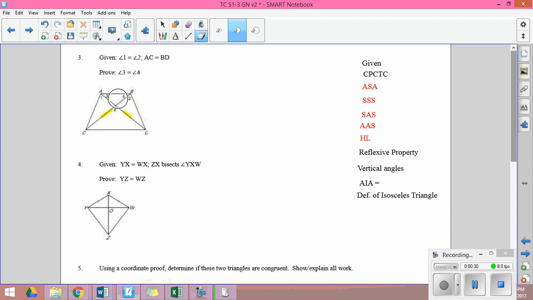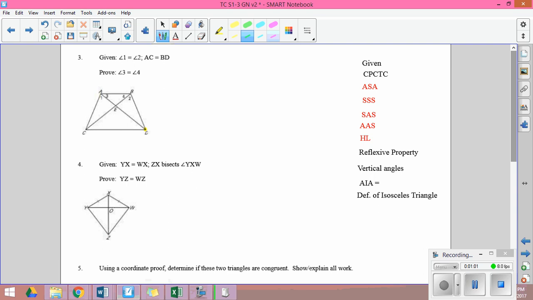So I see that. I also see this set of overlapping triangles which have that reflexive side of AB. So perhaps those are the triangles I would be using. I also see that they overlap at the bottom this way, and so I have a reflexive shared side of CD.